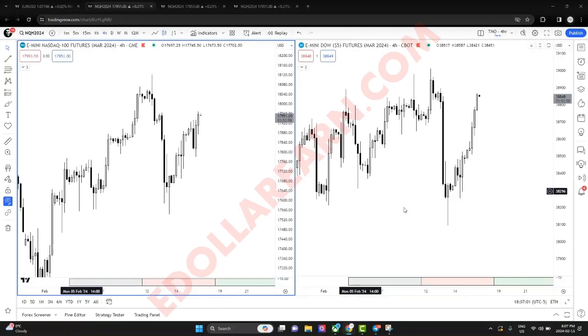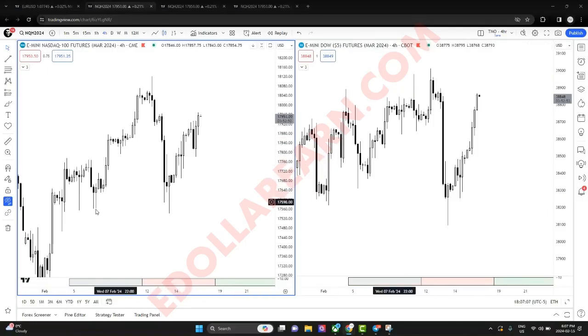And these lows here in regards to the Dow. So looking at this, with everything that you know now, you don't see SMT, right? You just see price running below this low and price running below this low right here.